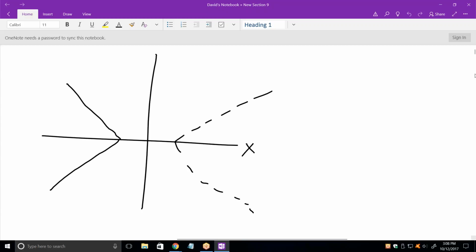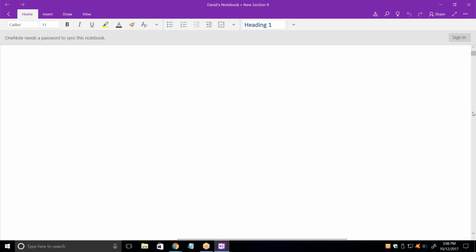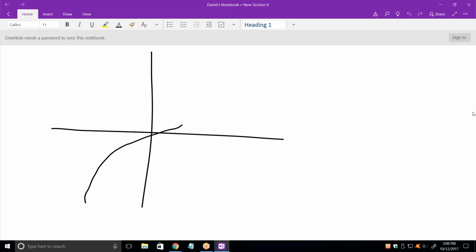Let me draw an example of what symmetry of the origin would look like. y equals x cubed. That's supposed to go through the origin.